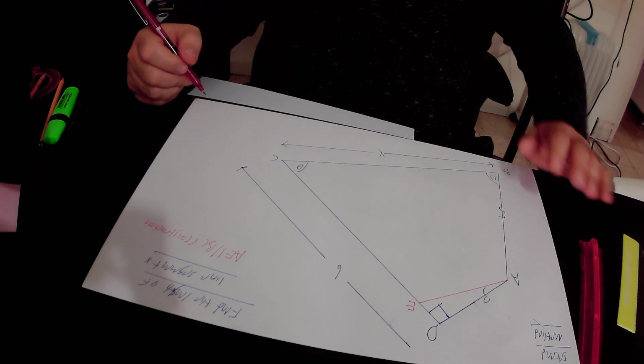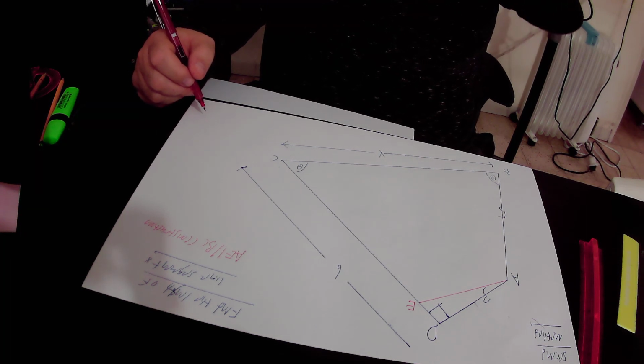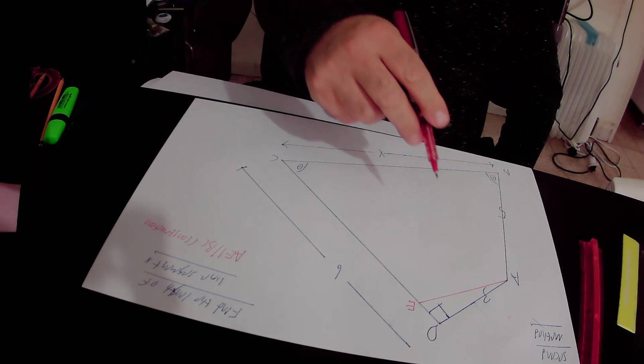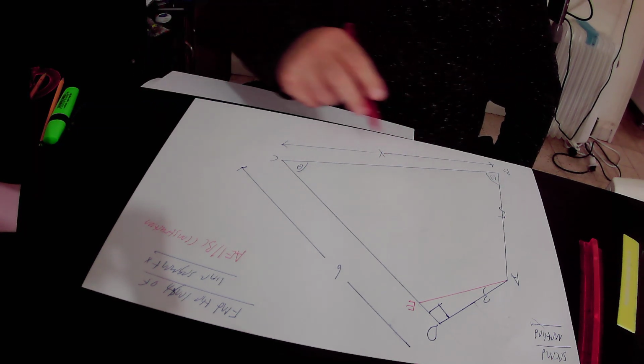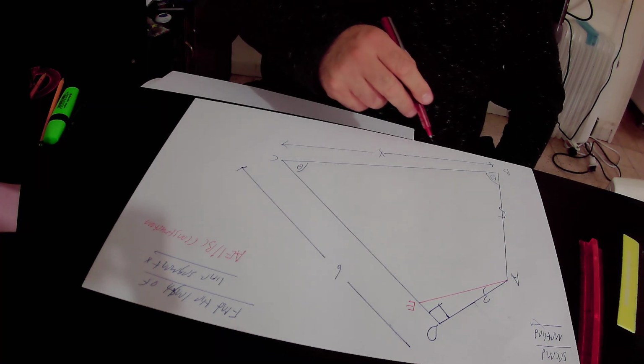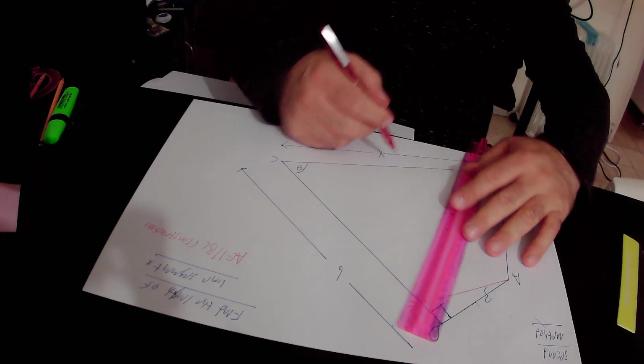In the next step, from point E, we draw a straight line on BC in such a way that the straight line will be parallel to AB.